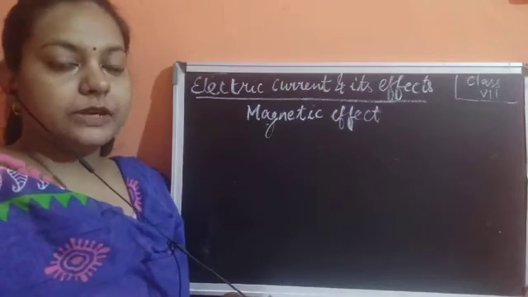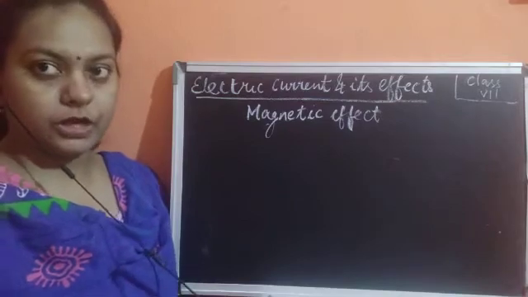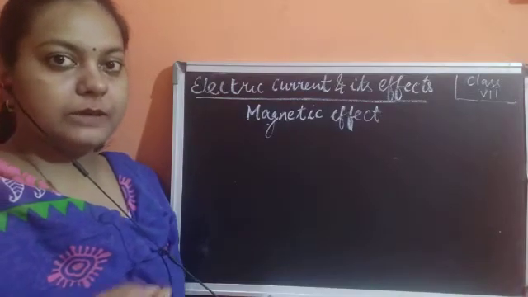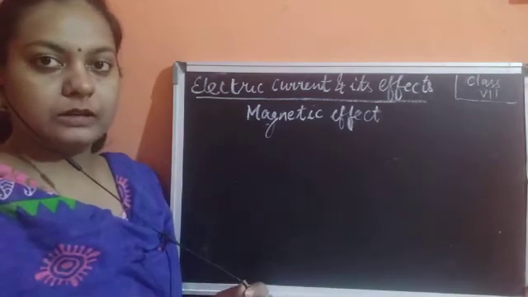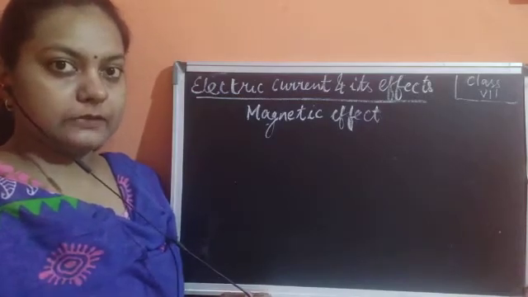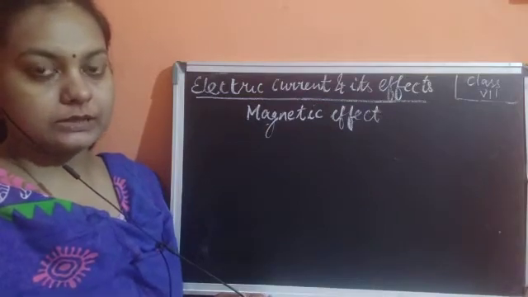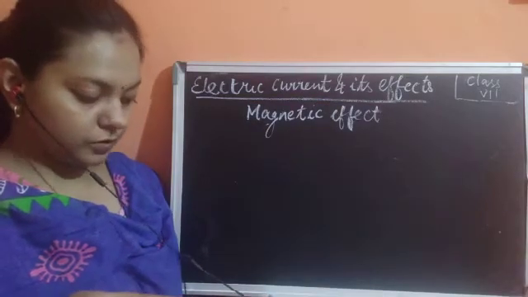Next, we discussed the components. First of all, the circuit. What do you mean by a circuit? A circuit is a complete pathway where the current is moving, and the circuit is composed of many parts.